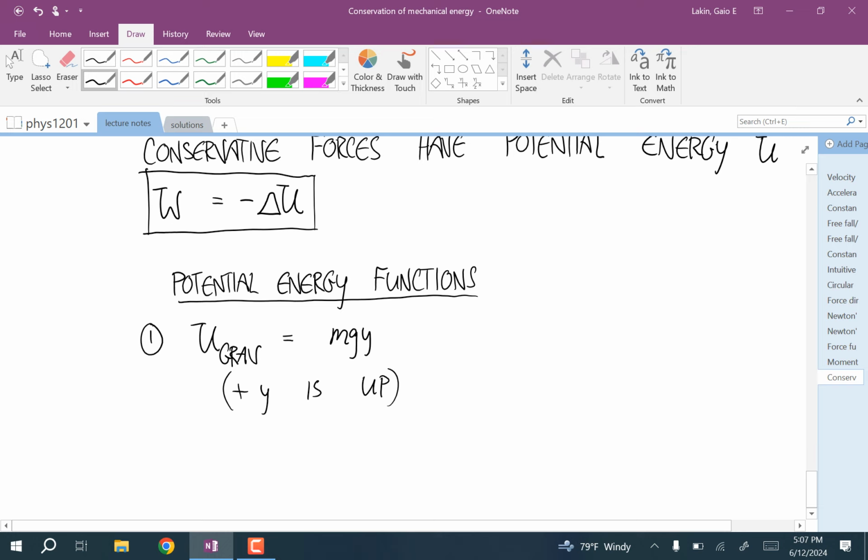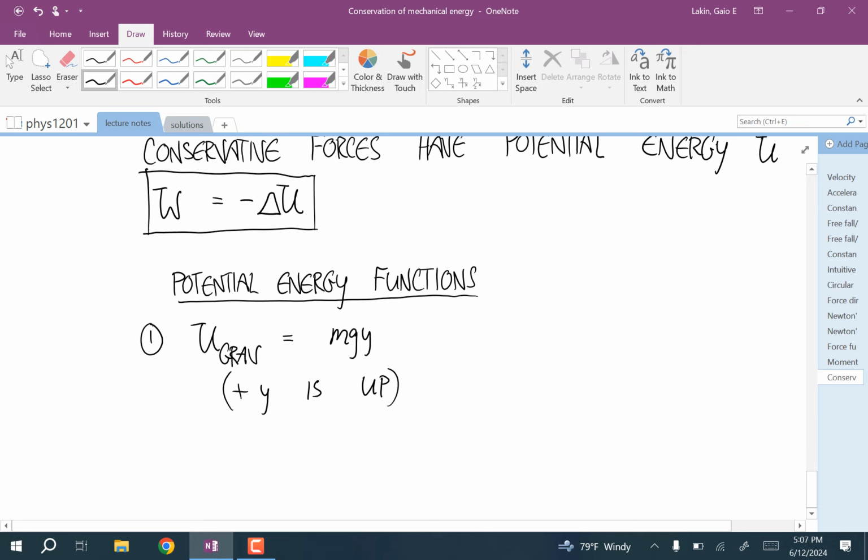Work is positive if it's roughly in the same direction that the object is moving. So let's think about a case where gravity is acting in the same direction as an object moves. If you drop an object, it's moving down, its velocity is down, the force of gravity is down, and so gravity should be producing a positive work.